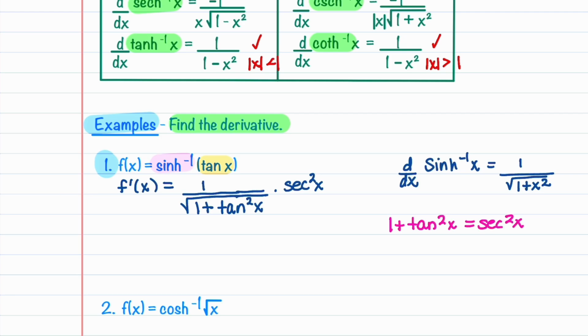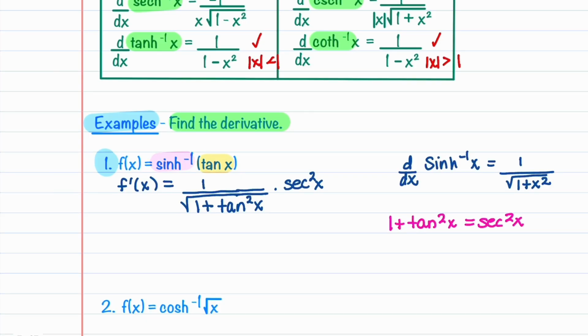So in our square root, we're going to put in secant squared instead of 1 plus tangent squared. So we have the square root of secant²x times secant²x. So one of our secants is going to cancel, and we end up with just an answer of secant x.